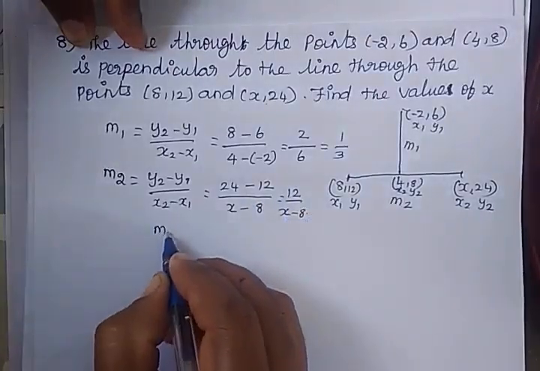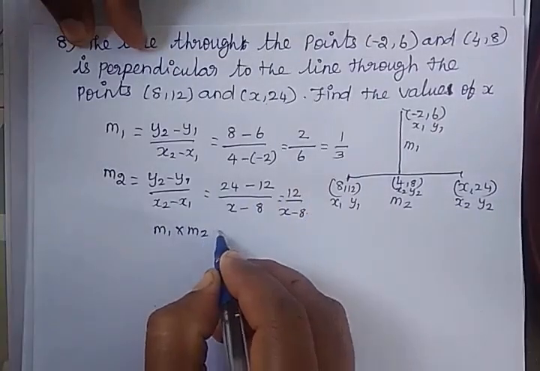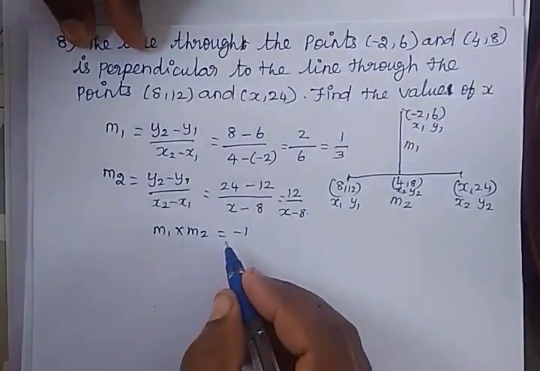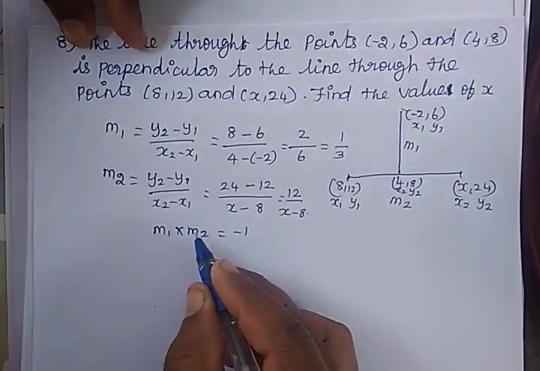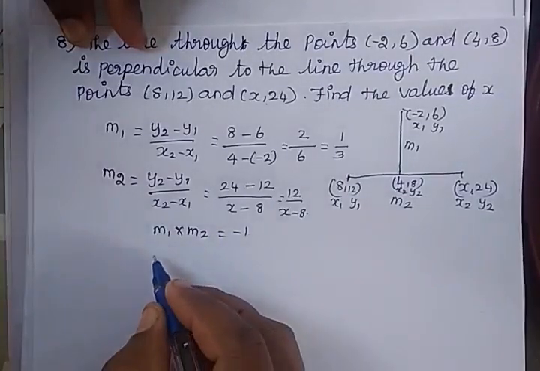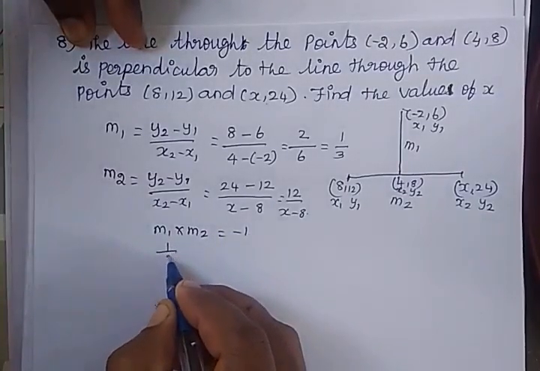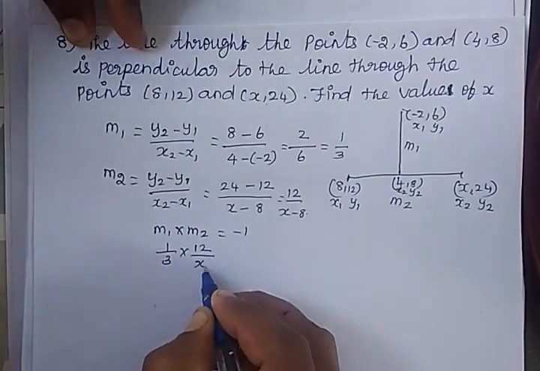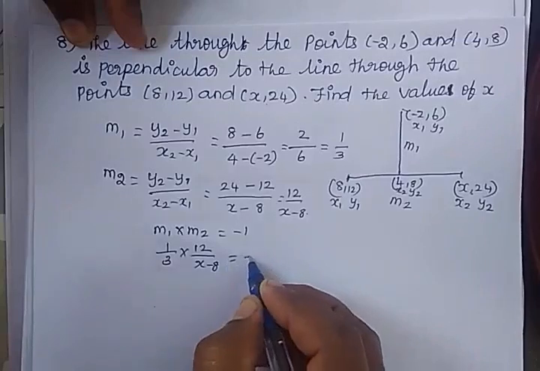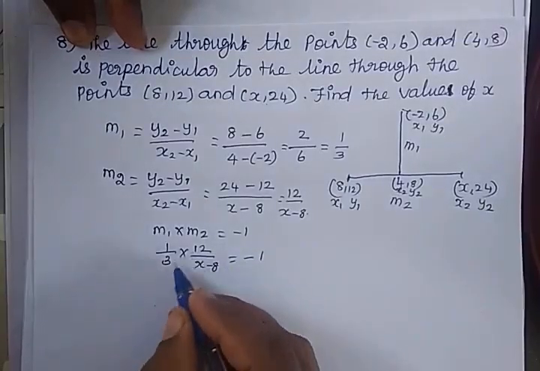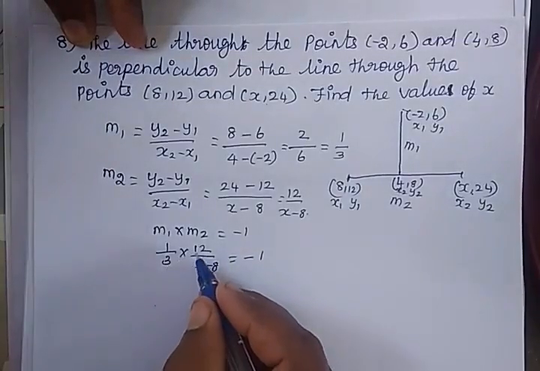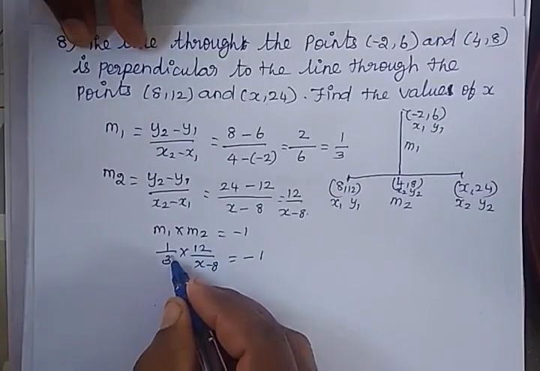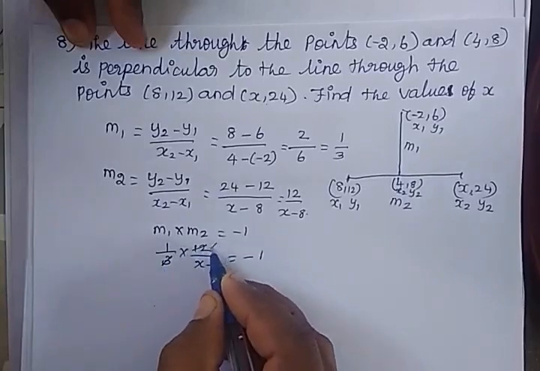We know that m1 into m2 is equal to -1, since the product of the slopes of perpendicular lines is -1. So m1 is 1/3 and m2 is 12 / (x - 8). Simplify the fraction: 1 3 is 3, 4 3s are 12.